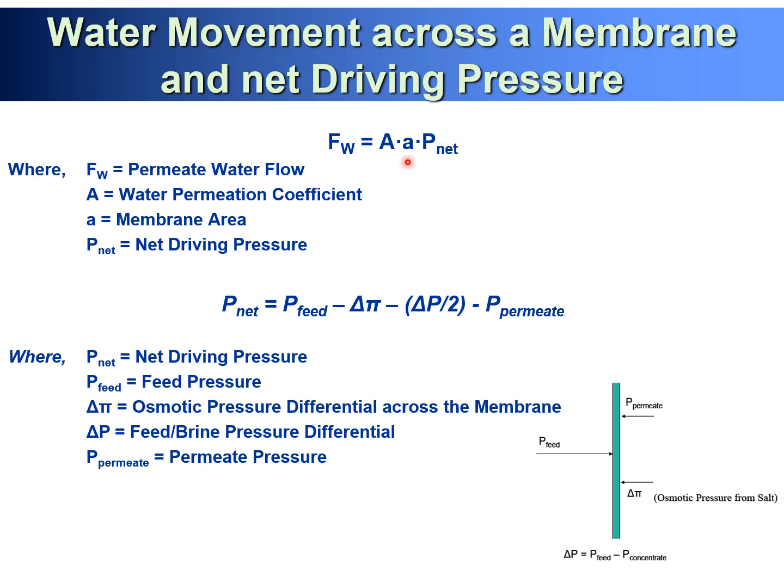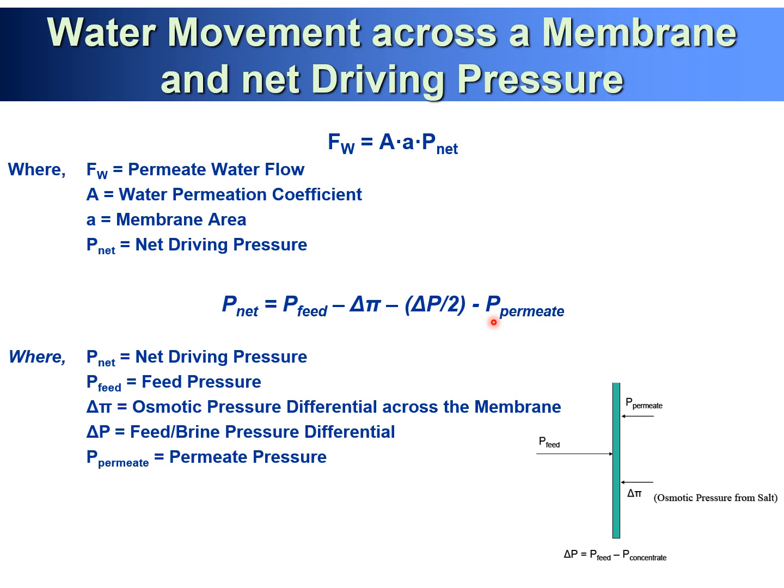So how many membranes you apply, and then you will have more permeate water flow. Net driving pressure can be calculated as feed water pressure minus the osmotic pressure, minus half of the pressure difference, minus the permeate pressure.